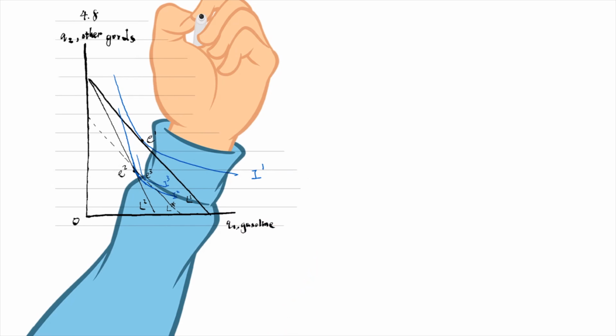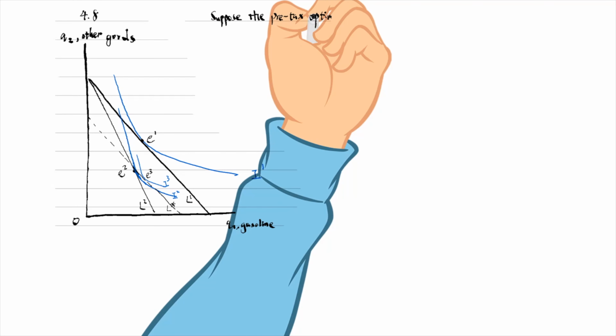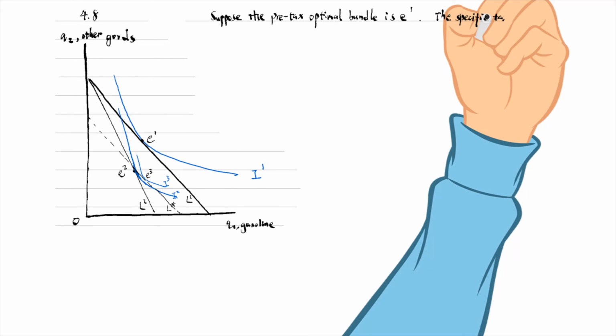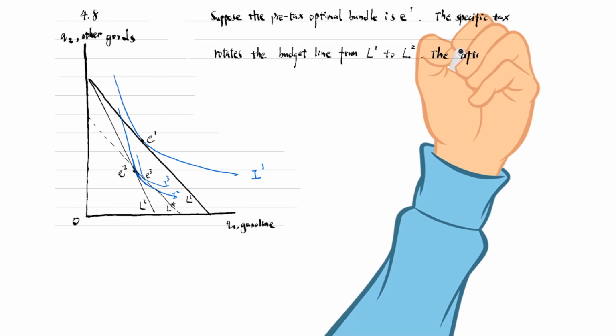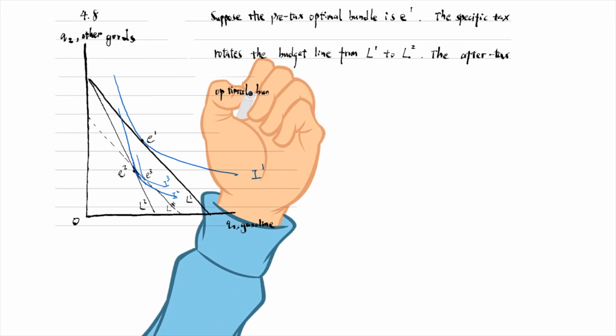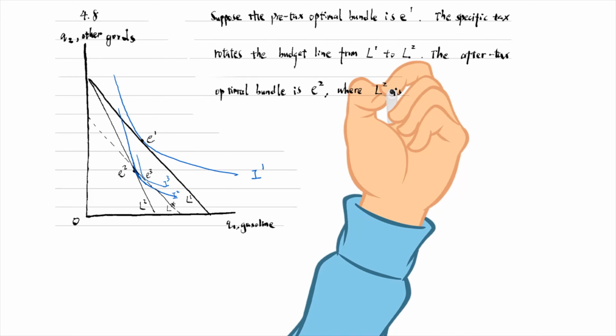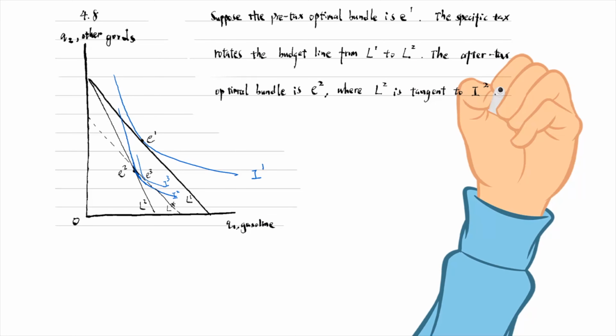Suppose the pre-tax optimal bundle is E1. The specific tax rotates the budget line from L1 to L2. The after-tax optimal bundle is E2, where L2 is tangent to I2.